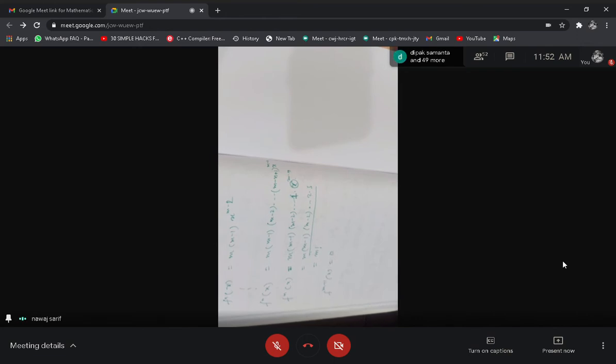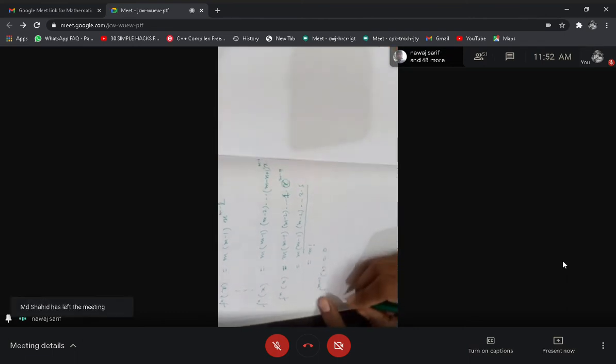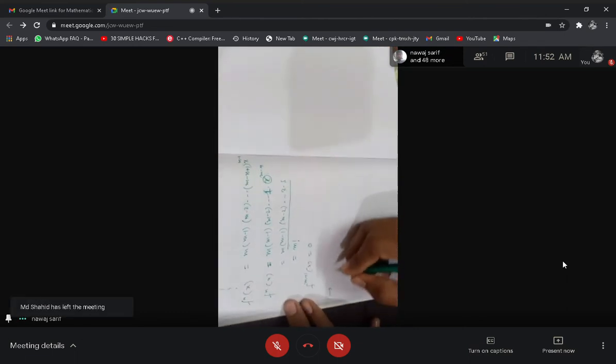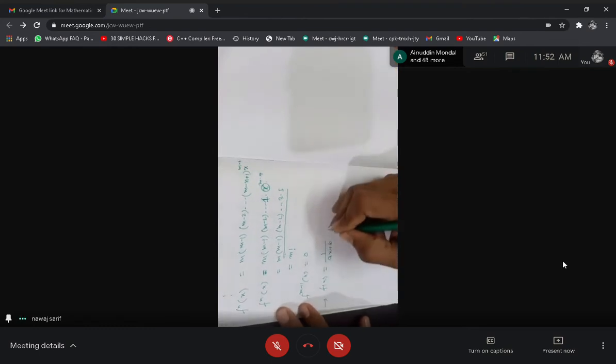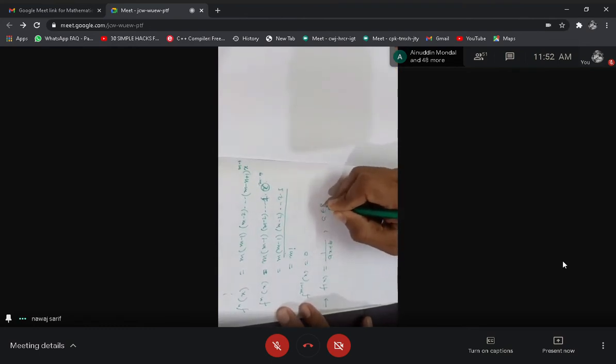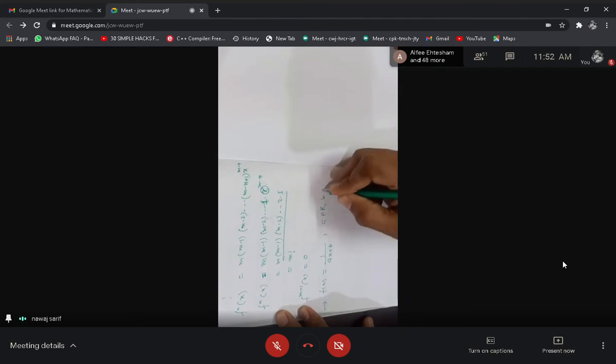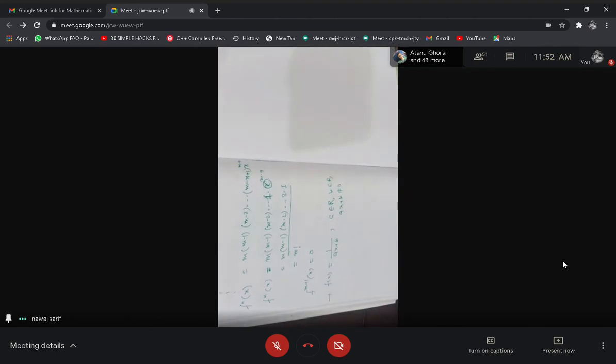Now try to find the nth derivative of this function. f(x) equals 1 upon ax plus b, where a belongs to R and b belongs to R, and ax plus b is non-zero. Then what is the nth derivative of this function? First find the first order derivative.